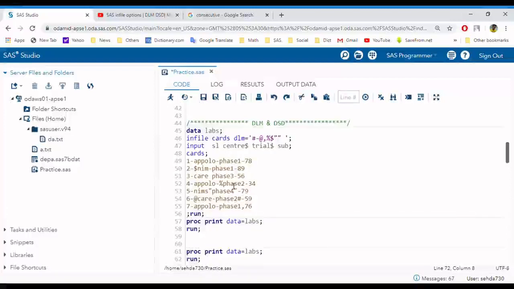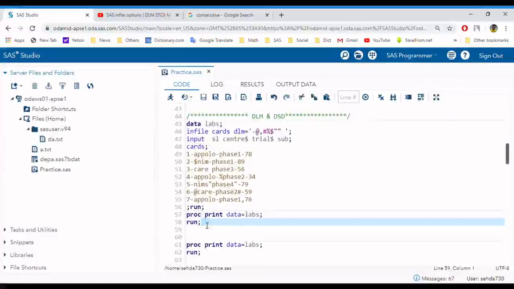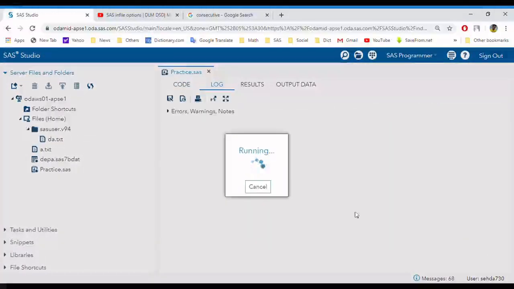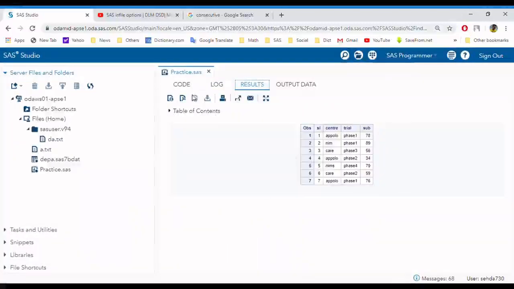Okay, we were here. So instead of hash, you can write hash over here, right? Like this. Then also it will be considered. I mean, it will read the data correctly. Okay, you see it's coming up.